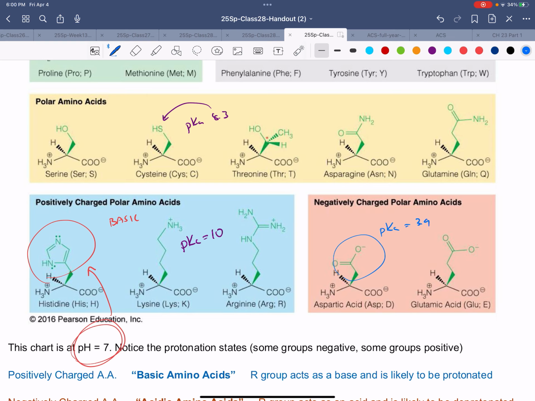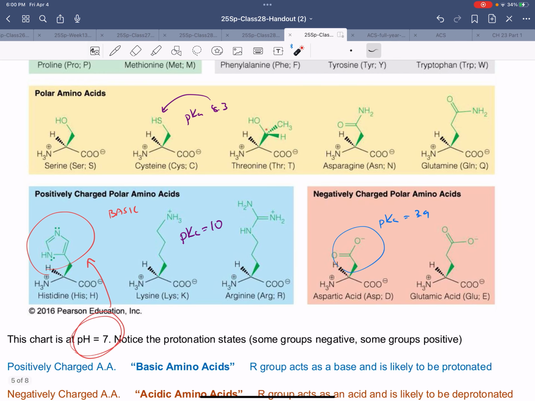Well, we have no proton here at pH 7. So at pH 7, it was basic enough to get rid of the hydrogen that was here. What this 3.9 means is that below 3.9, there's an H. Above 3.9, like pH 7, there's no H. Okay. All right, I'll stop talking now.